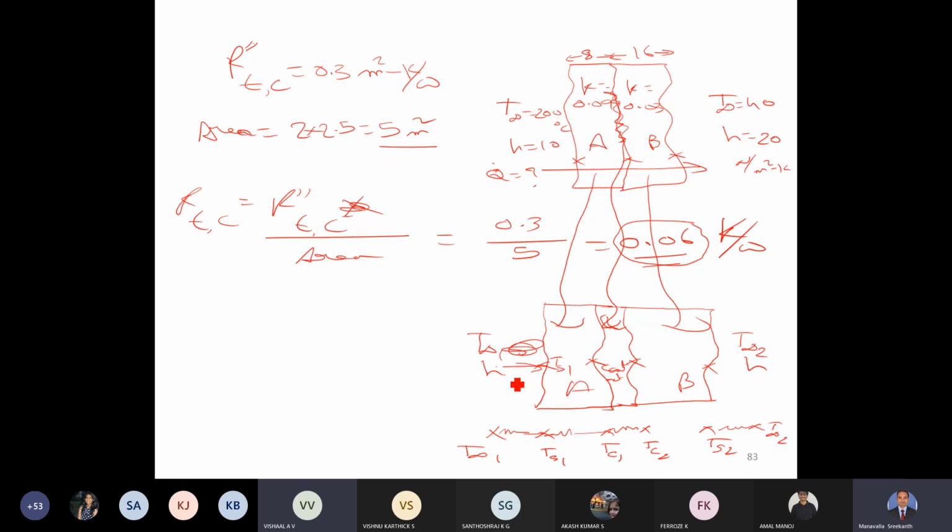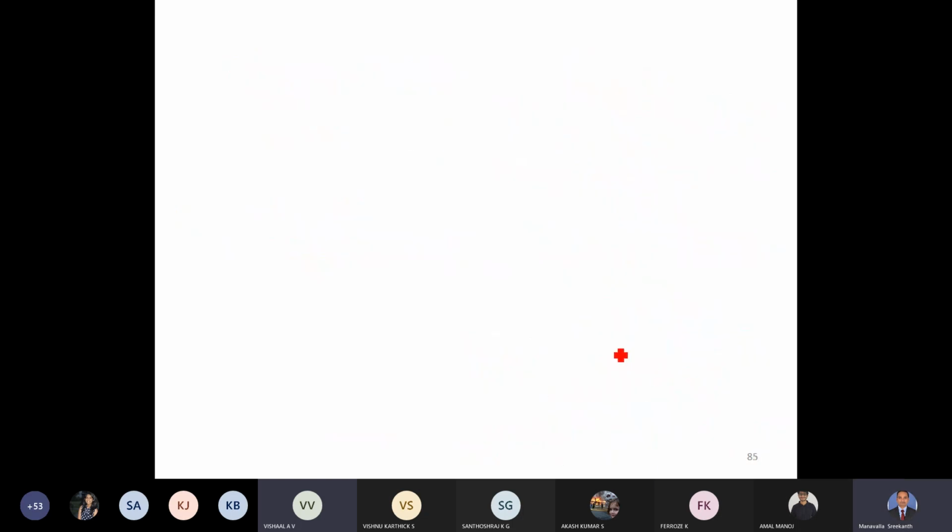Using that, we can find TS1. We'll proceed from the left-hand side: first estimate TS1, then using TS1 estimate TC1, then TC2, and finally TS2, using the heat transfer that we have just assumed.